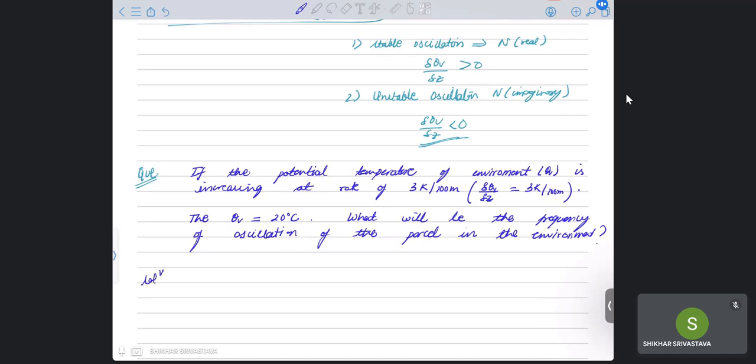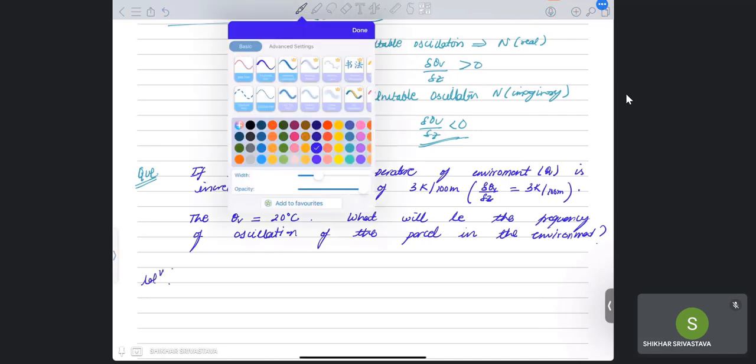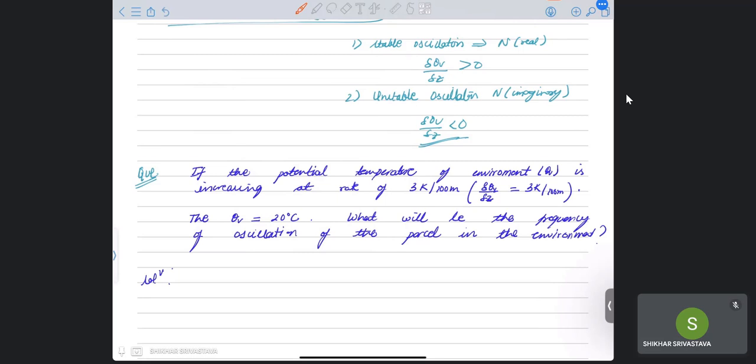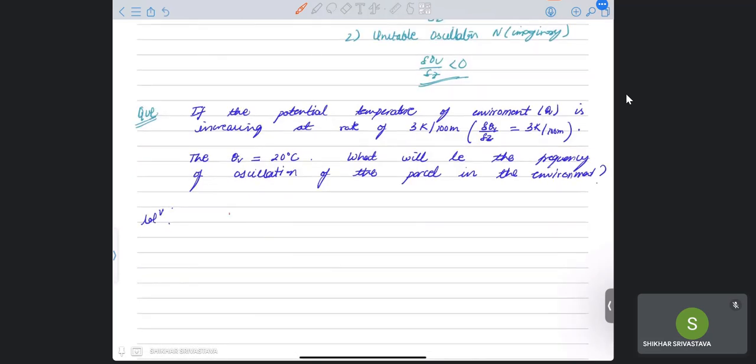So its solution, straightforward. Del theta V by del Z is given as 3 Kelvin per 100 meter. So in kilometers, what will it become? Or sorry, per 100 meter, it says 0.03 Kelvin per meter.